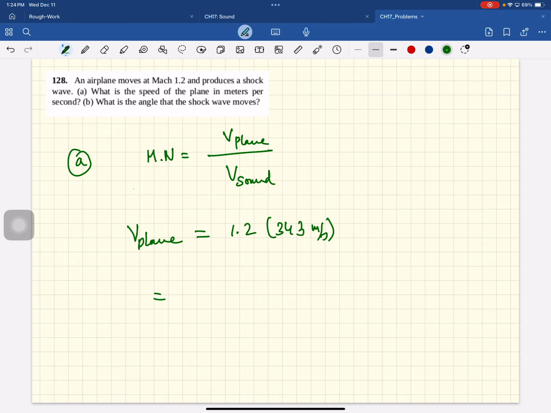On the exam, you'll take the speed of sound as mostly 340 meters per second in most of the problems. And if you want to convert that to kilometers per hour, you just multiply it by 3.6. It's 1,482 kilometers per hour. And if you want to convert that to miles per hour, divide that by 1.6, which is 926 miles per hour.